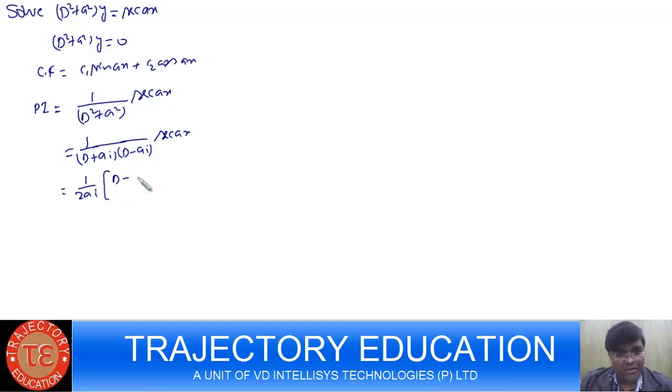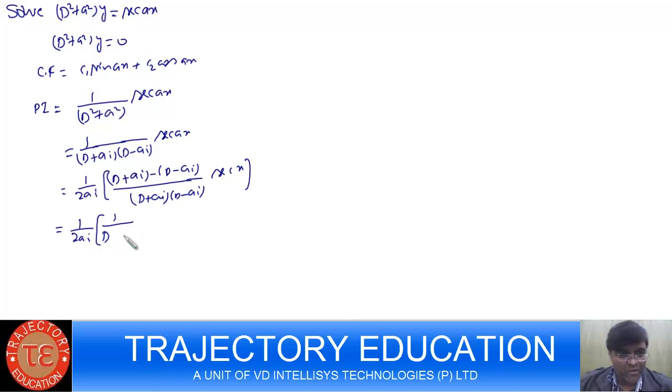So this can be written as 1/(2ai) times [1/(D − ai) − 1/(D + ai)] sec ax.